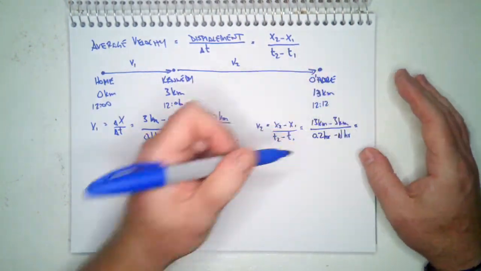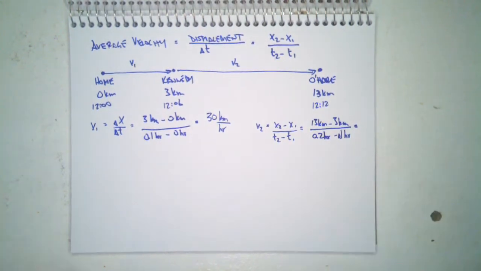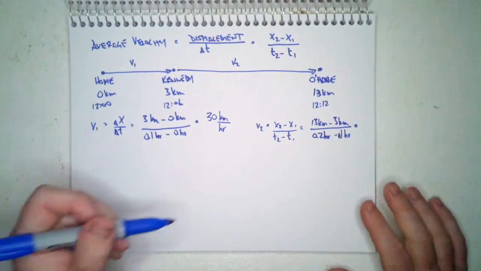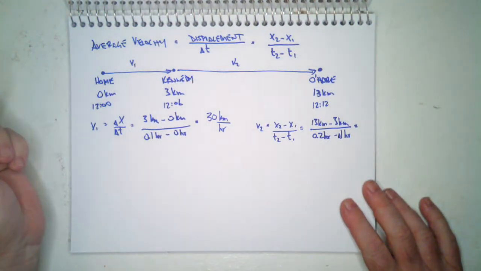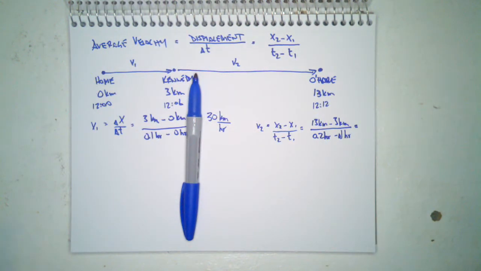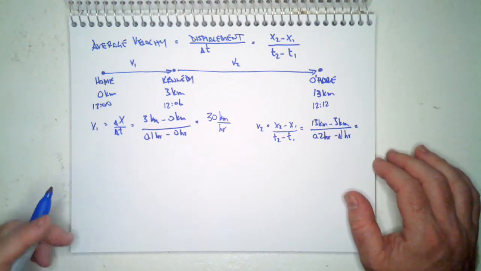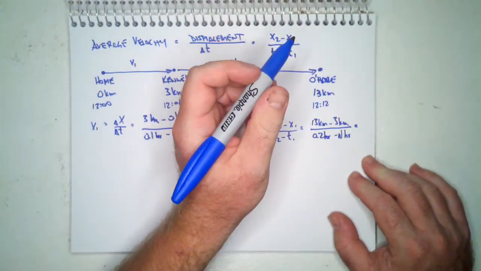Which then gives us an average velocity of 10 over 0.2, which is, I guess I got to calculate that. Oh, I don't have my calculator. Well, anyway, it is 100 kilometers an hour.